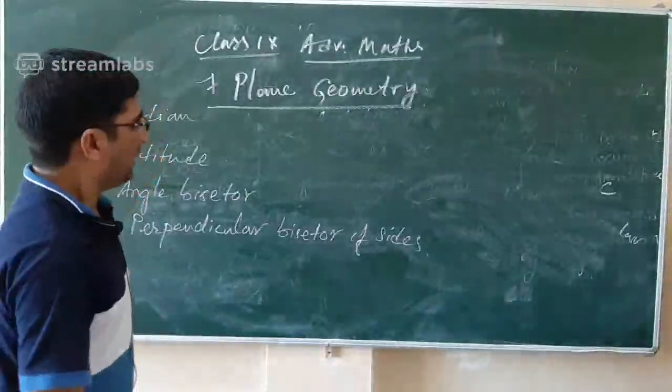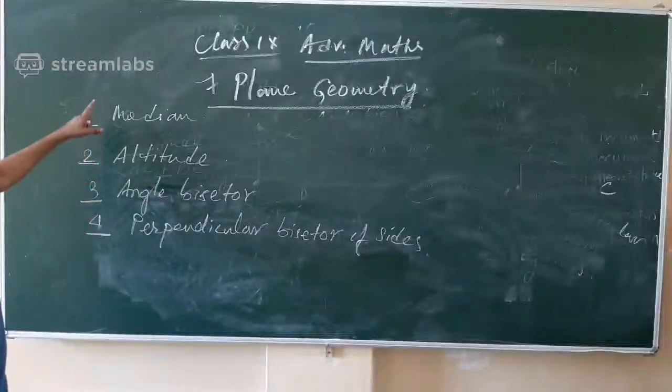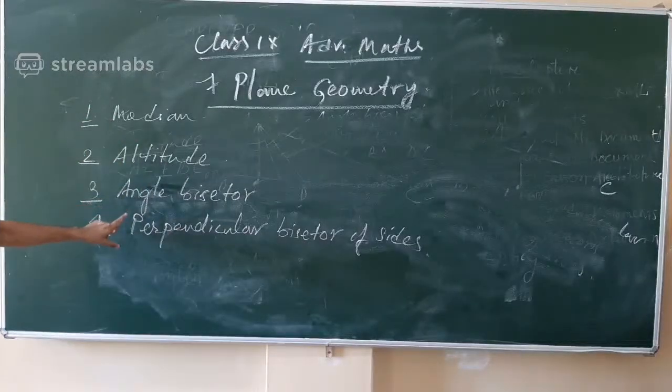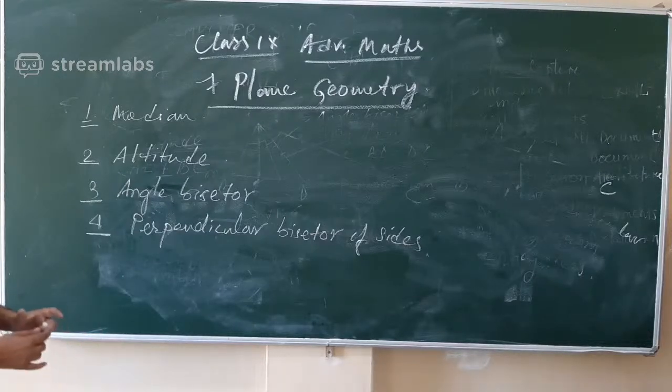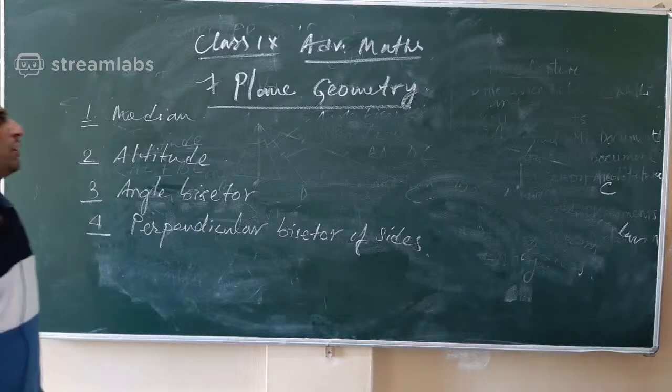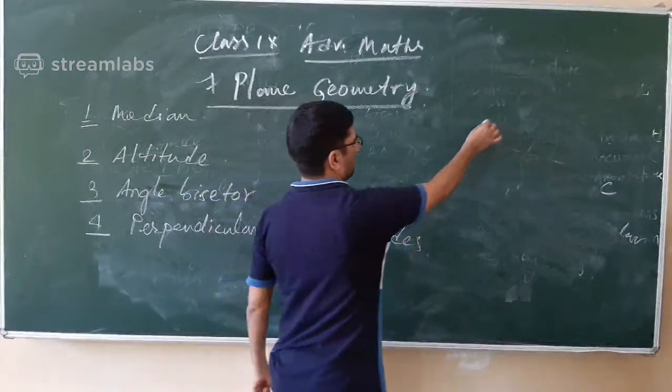Now when these median, altitude, angle bisector and perpendicular bisector of sides meet inside a triangle, what results will we get?